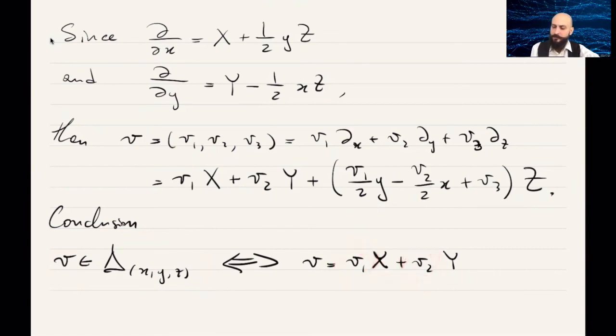So now it means that the scalar product that we have is really given by X and Y as an orthonormal frame.